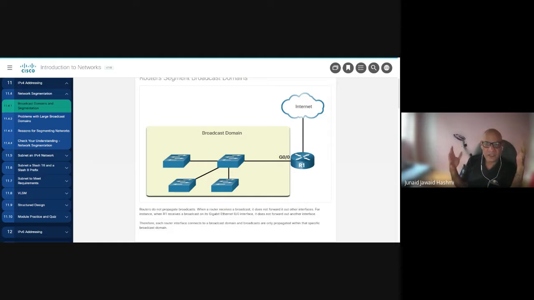So segmentation has many reasons. Improve network performance, and plus, when you connect many hosts with just one switch or multiple switches, it increases your broadcast domain, so it generates more broadcast. So segmentation limits the broadcast domain.